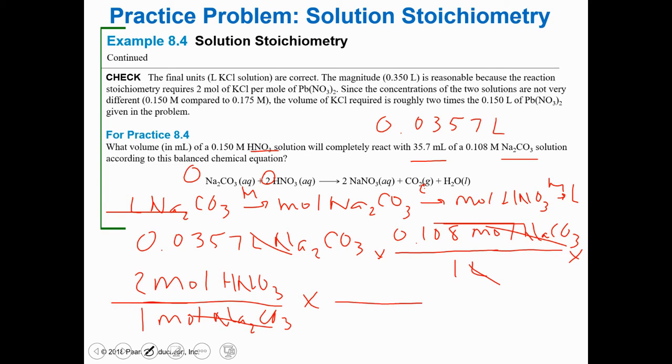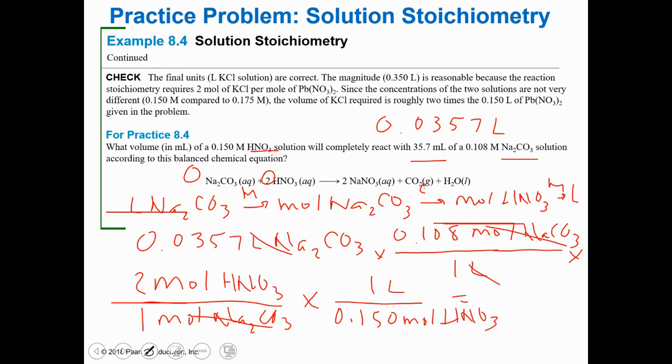And now I can use the molarity of the nitric acid to go to liters, because I know that there is 0.150 moles of nitric acid for 1 liter. The molarity tells me that.